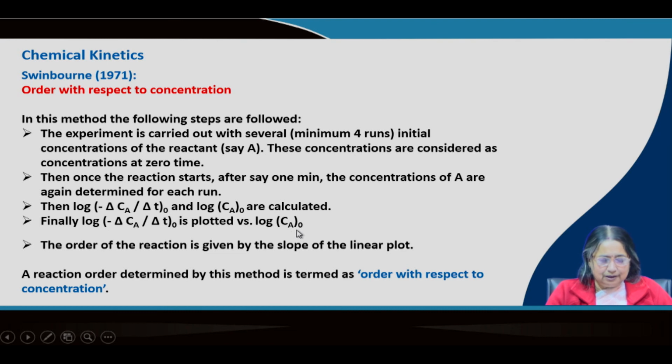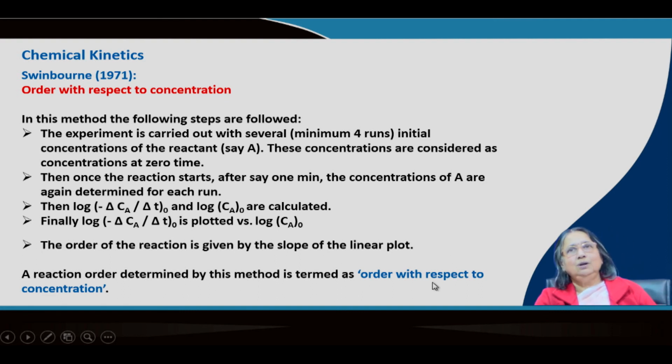Here also we have to see the slope of the straight line. Once the slope is known, we can find the order of the reaction from the linear plot. The reaction order determined by this method is termed the order with respect to concentration.